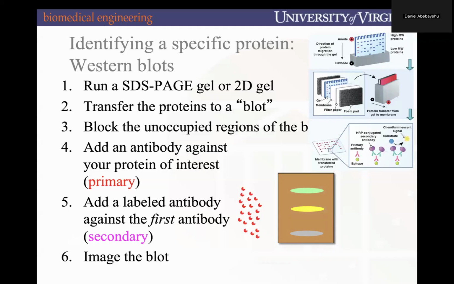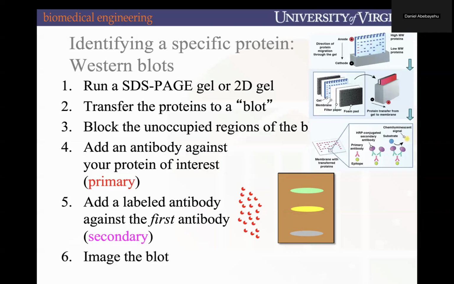And usually we don't want to use just one antibody. There's a secondary antibody that comes in. In this third image from the top, the primary antibody is binding to your protein of interest.